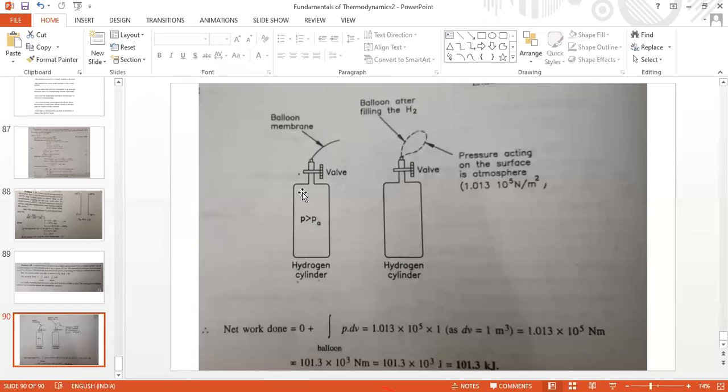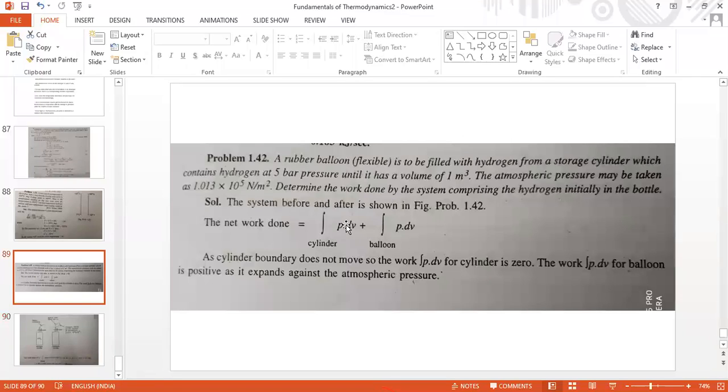And this is a solid cylinder, so the volume remains constant. You agree? Because it is a solid cylinder, P into the derivative of a constant volume is 0. That's why this value is taken to be 0.